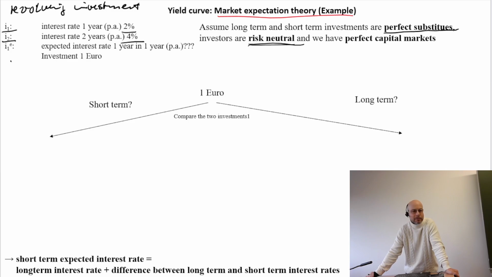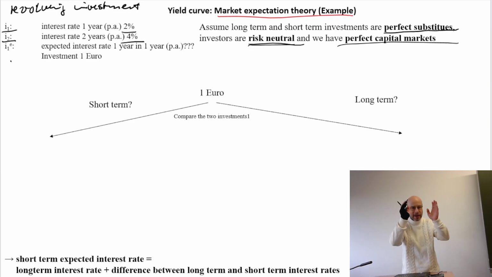Okay. And now we start to compare our two investments. Oh no, of course, also with the assumption of perfect capital markets. What does perfect capital markets mean? Perfect capital markets mean that we always have a very liquid market. So if I want to make an investment with a specific volume, then I find the bond. I do not have to search. I just say, well, I want to invest for 2 years, I want to invest €1 million for 4 years, and so on.